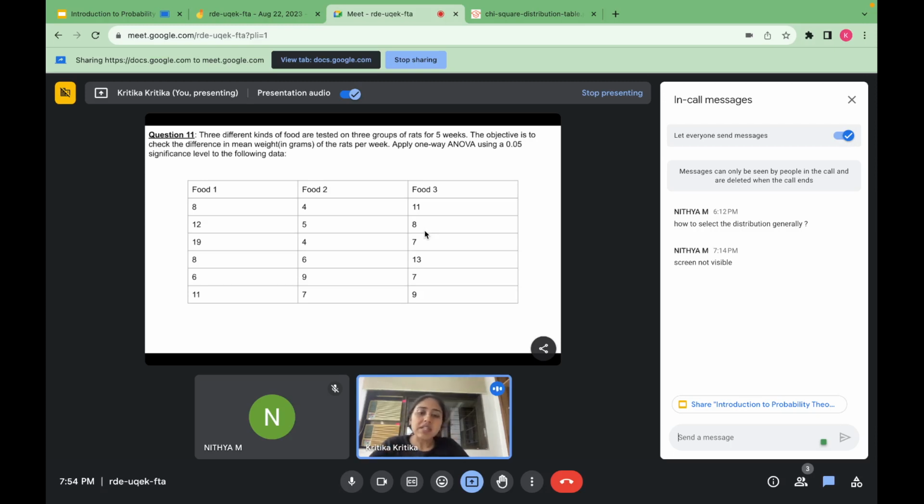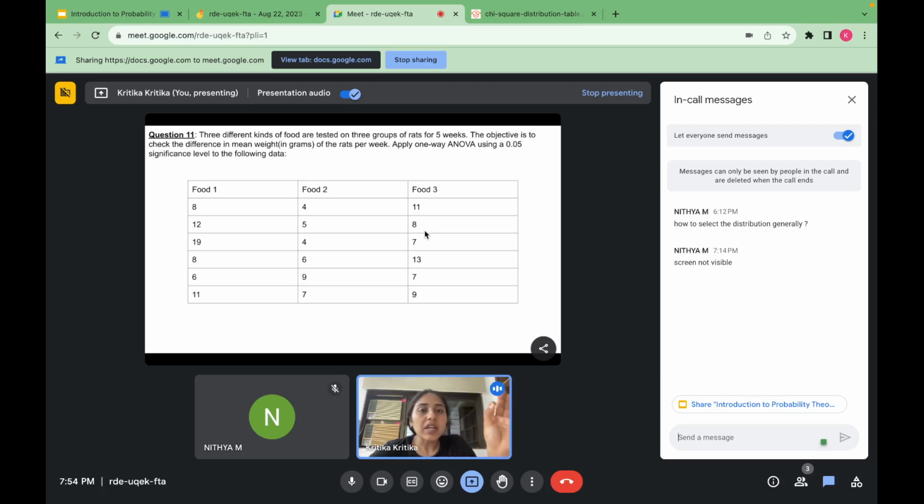In hypothesis testing, there are a few things that you need to keep in mind. First is whether it is a two-tail or one-tail test. It is a one-tail test when the alternative hypothesis has a greater than or less than sign.